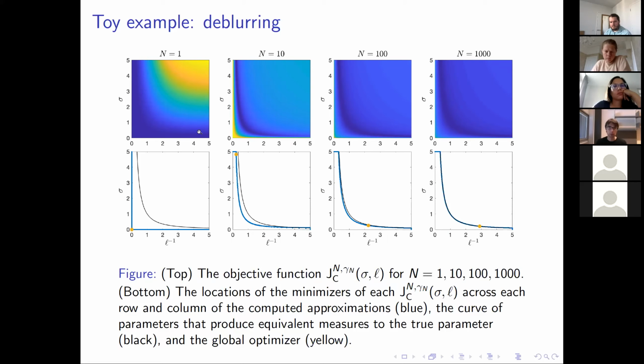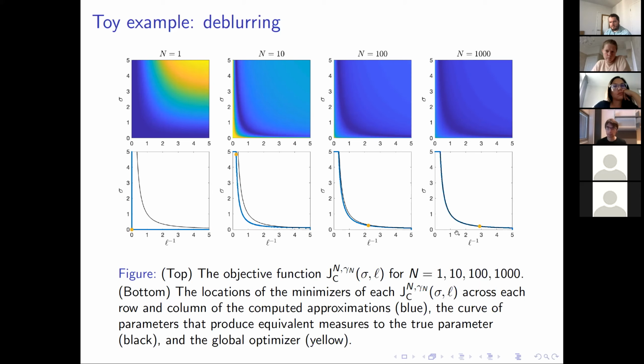And so we are looking for the minimizers of these functionals as n gets larger and larger. And here is the ground truth parametrization. And as you see, as n goes to infinity, the blue curve, which is the minimizing manifold on this picture, is getting closer and closer to the ground truth. And this yellow, which is the global minimizer, isn't actually getting to the right place, which would be here, both quantities being 1.